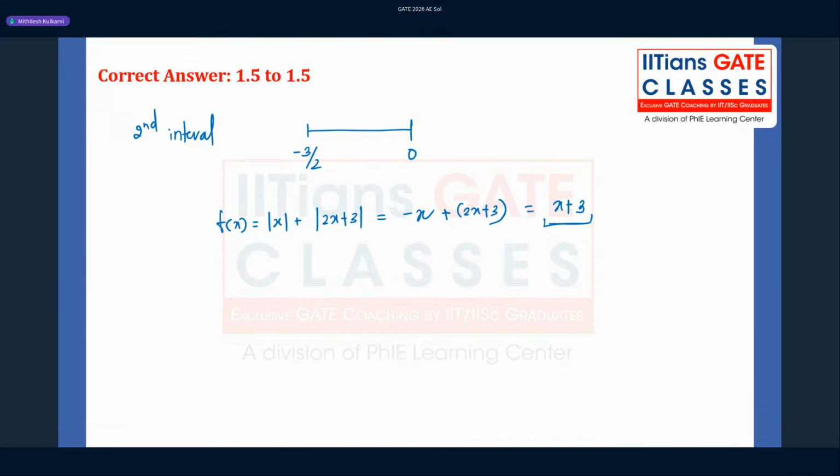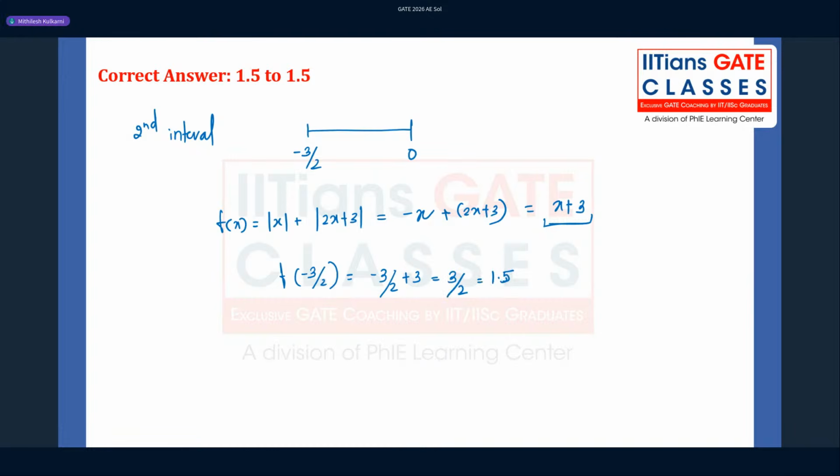And now you can see in this range, what will happen? When you put x is equal to 0, f of 0 is 3. And when you put x is equal to minus 3 by 2, f of minus 3 by 2 is what? Minus 3 by 2 plus 3, which is again 3 by 2, which is 1.5.